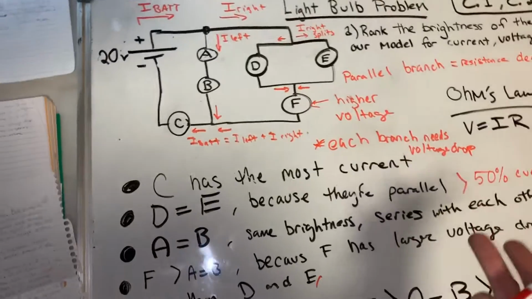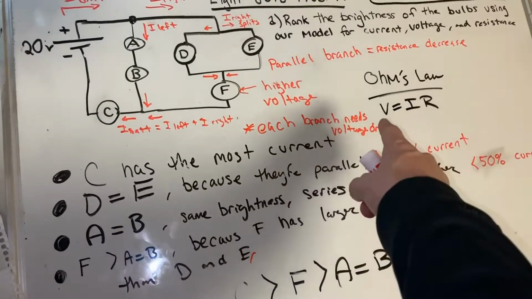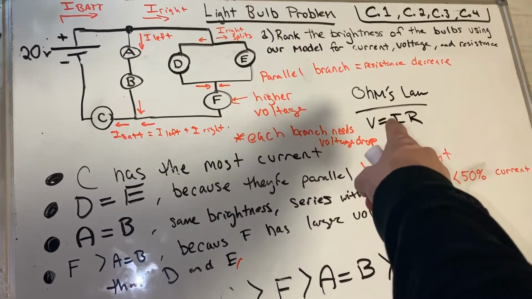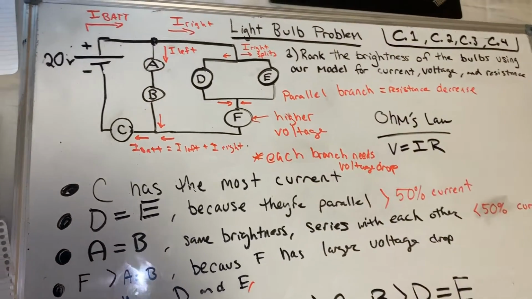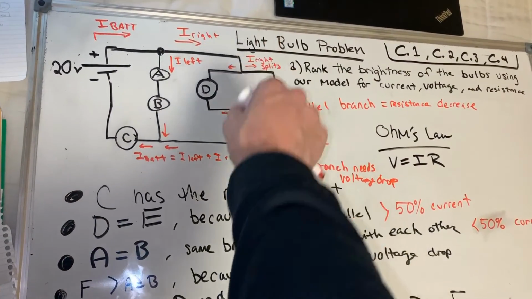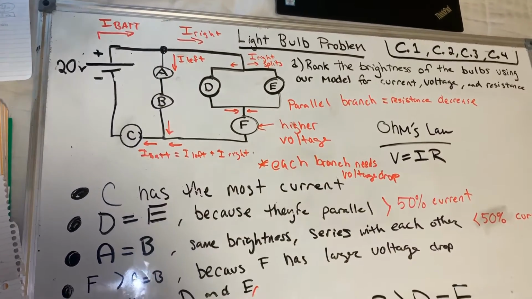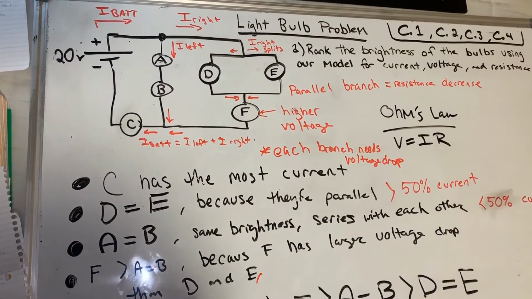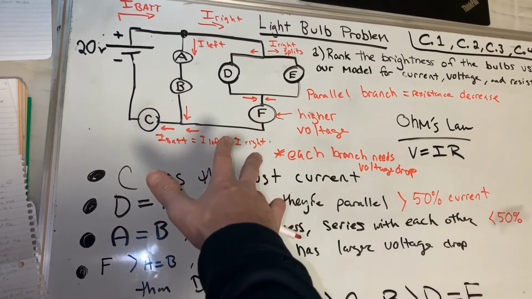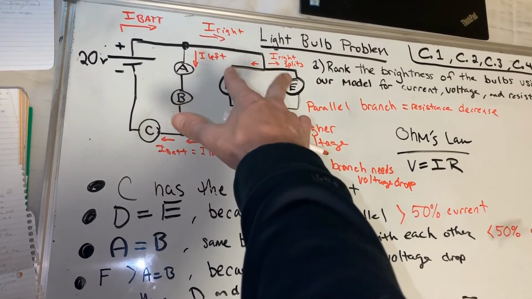So when looking at voltage drops and resistances, we can relate this using Ohm's law. Voltage equals current times resistance. So we know that more current is going to go this way, and less than 50% of the current is going to go this way. So D and E, the current splits here.